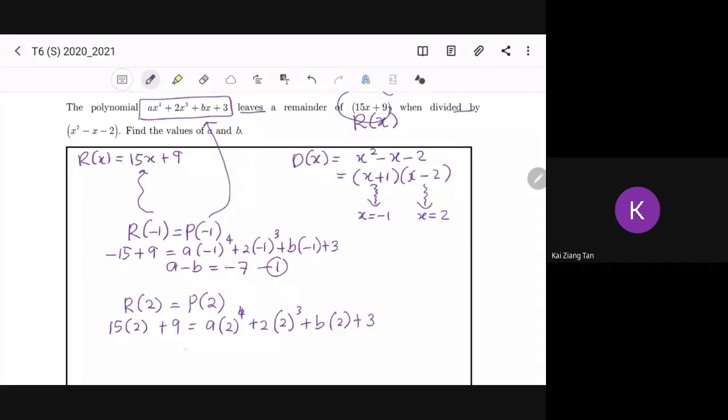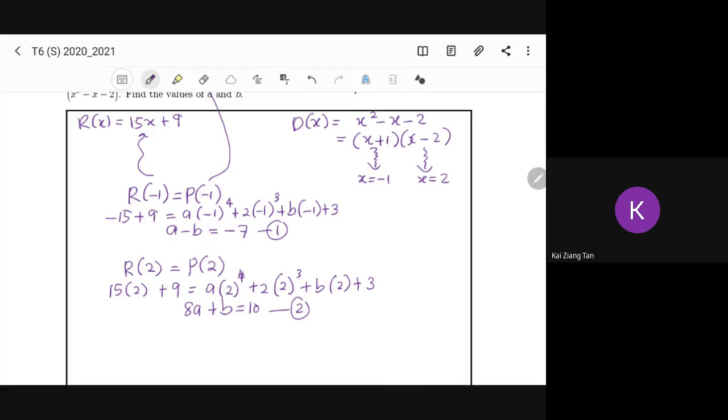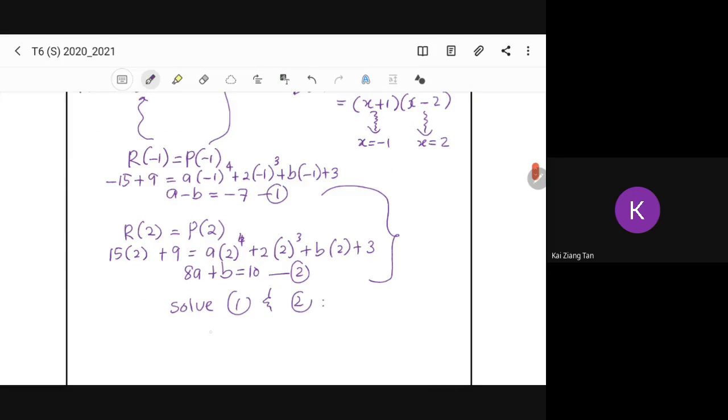So, we simplify, we will get 8A plus B equals 10. Our second equation. Next, we will solve simultaneously. Okay, so solve first and second. So we will get A equals 1/3 and B equals 22/3.